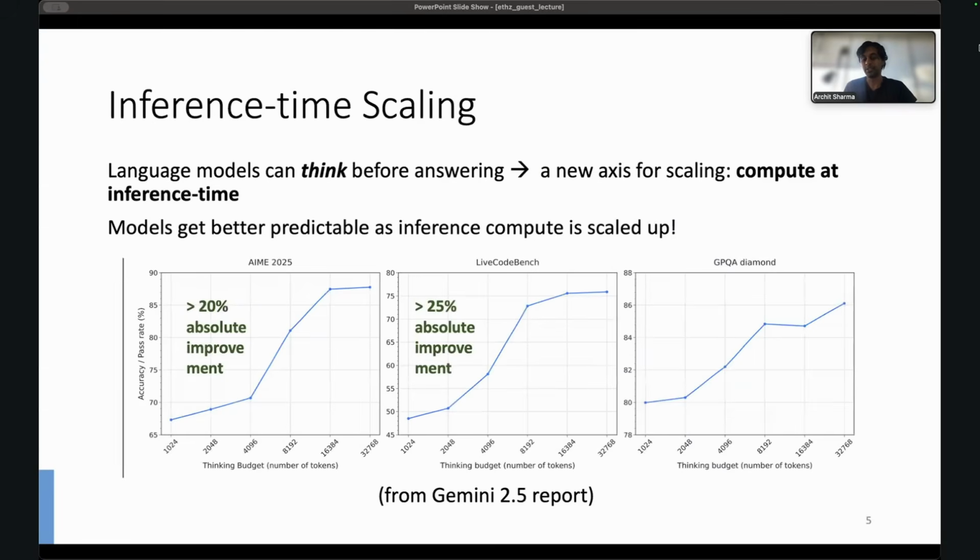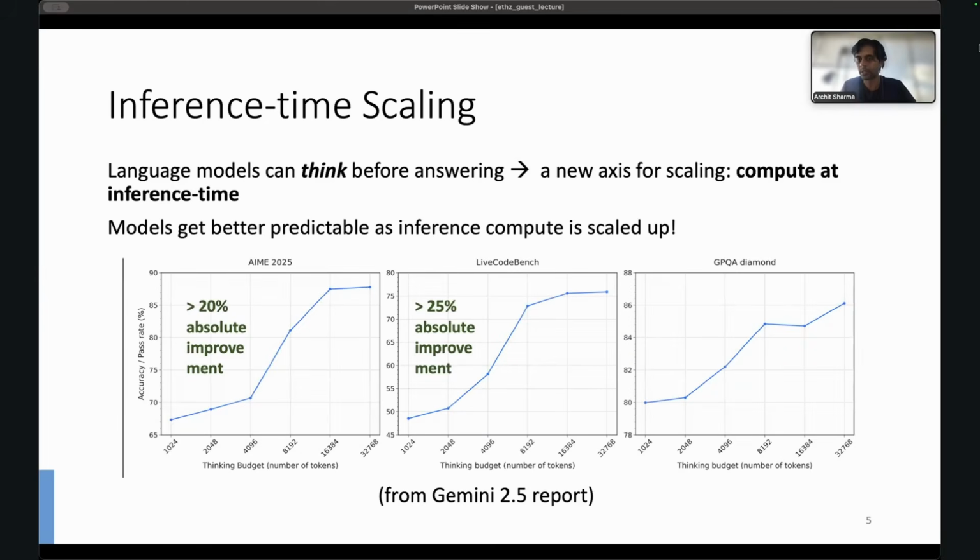And this really was a game changer for many different reasons. Up until now, the primary axis of compute which we were scaling up was pre-training compute, but now we could actually increase the amount of test time compute that these models use. And very importantly, when we increase the amount of test time compute that these models use, the model performance goes up predictably.